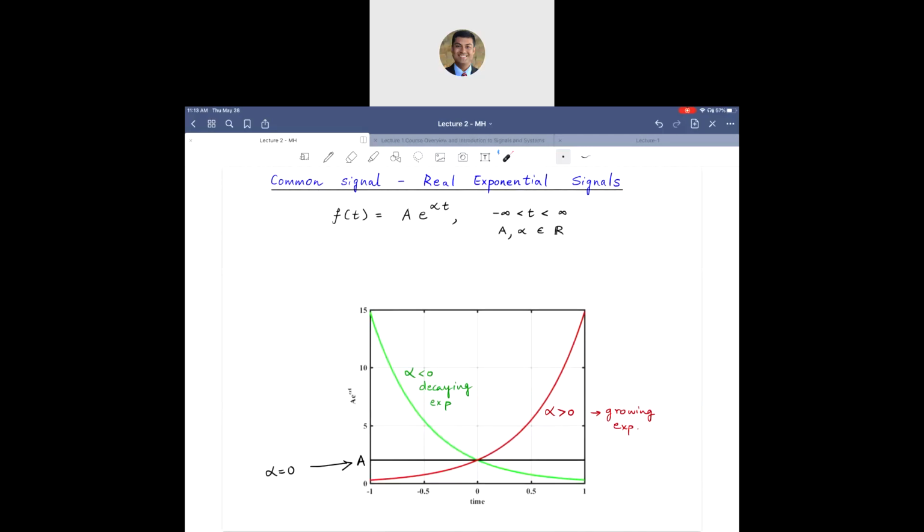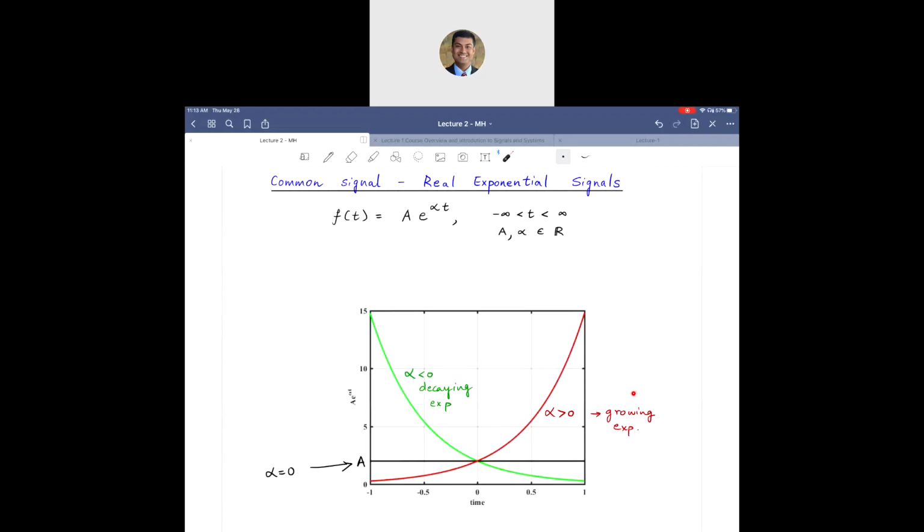Now, if alpha changes, what would this function look like? In the bottom figure over here, we are sketching a few things. One is when alpha is greater than 0. So for example, 1, 2, 3, and so on, you get e to the 2t, 4t, 5t, and so on. What do you have? You have a growing exponential.